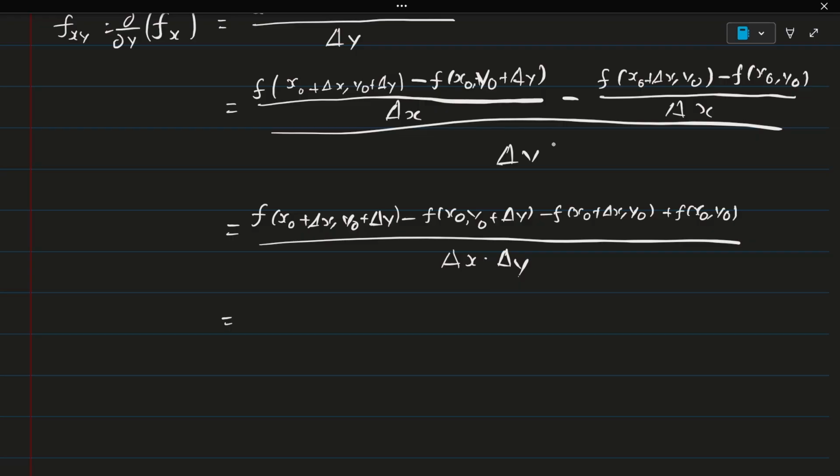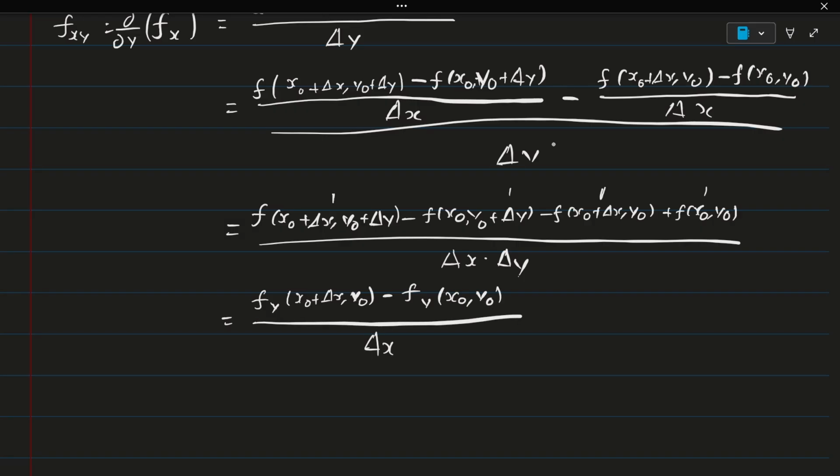But if you are clever, you can combine this guy and this guy straight away. If you combine those two, what you would get is the derivative of y at x0 plus delta x, comma y0, subtracted by the derivative of y at x0, y0, divided by delta x. So this is f_yx.